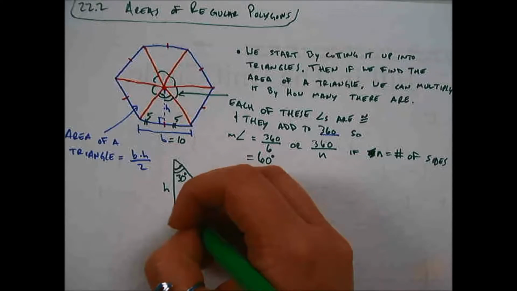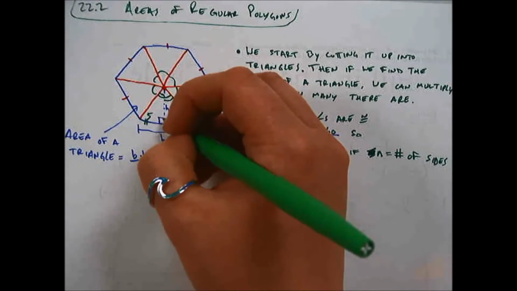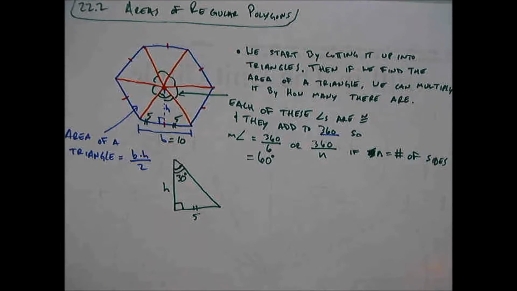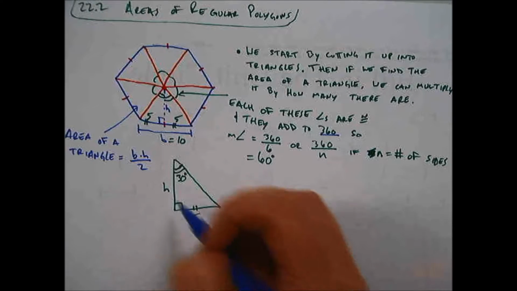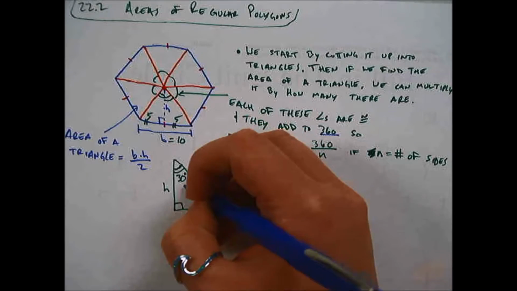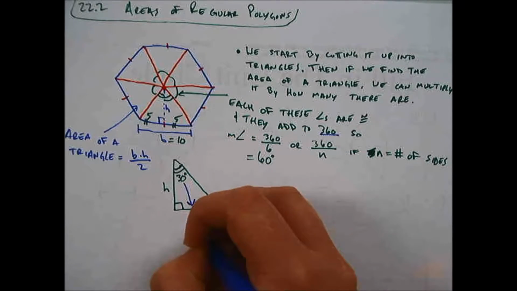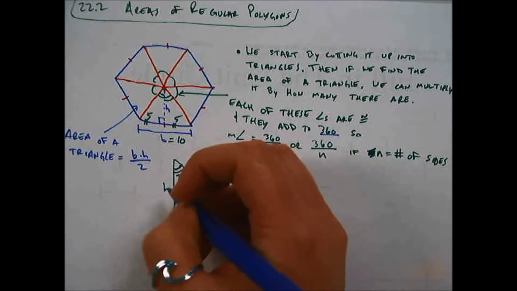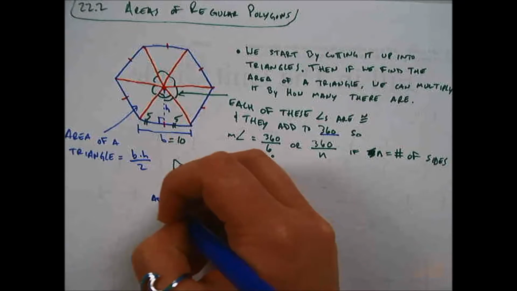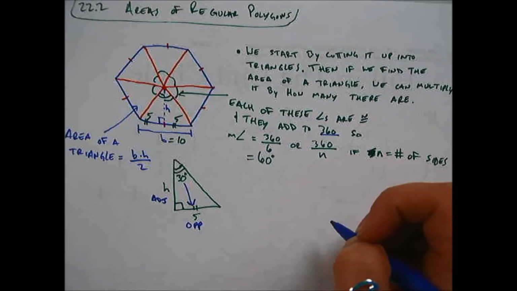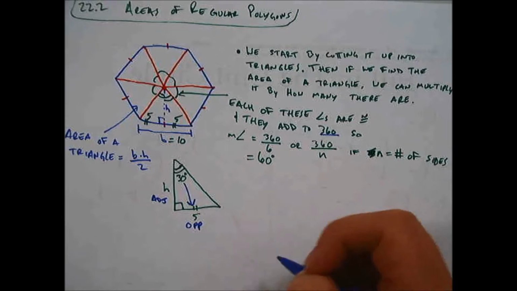Okay, and since this is a right triangle, because the height is perpendicular to the base, as always, we can use trigonometry to solve for the height. So to this 30-degree angle, 5 is the opposite side, h is the adjacent side. So we can go opposite over adjacent, which is tangent.